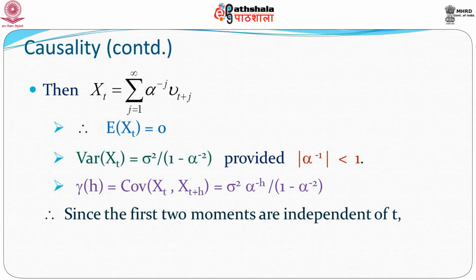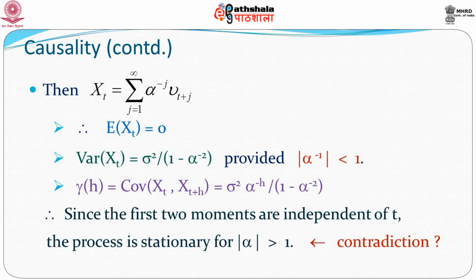Now, the first two moments are independent of t, and hence we can say that the process is stationary for alpha greater than 1 in absolute value. Is this a contradiction? Let us have a look at this.